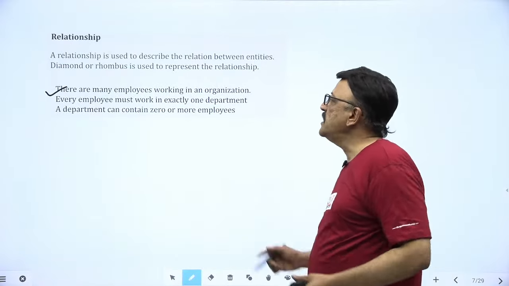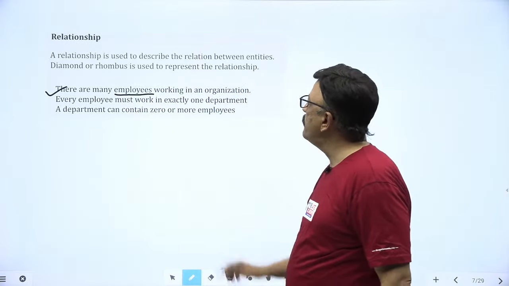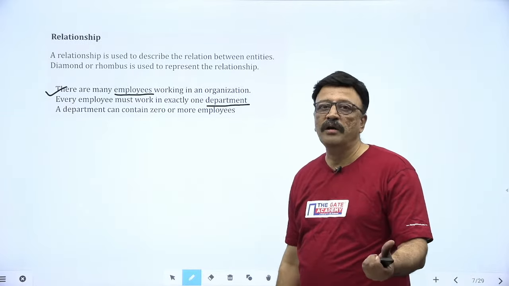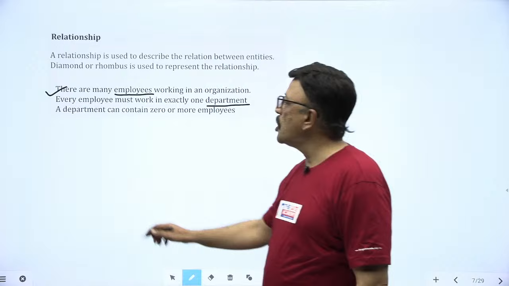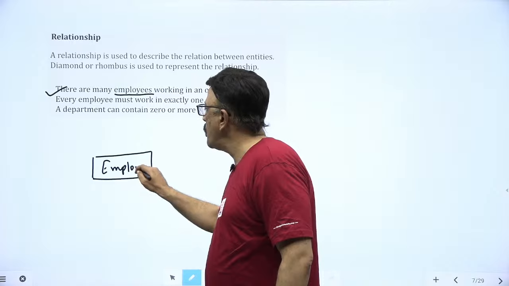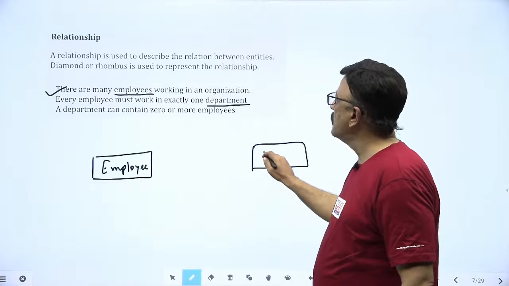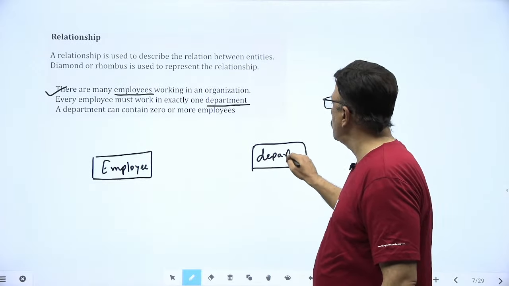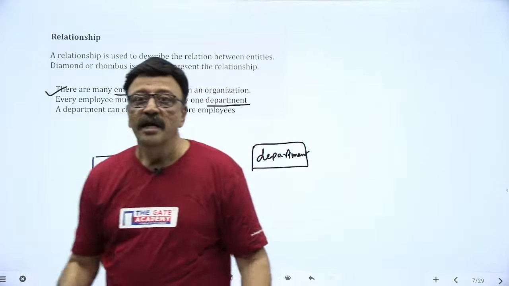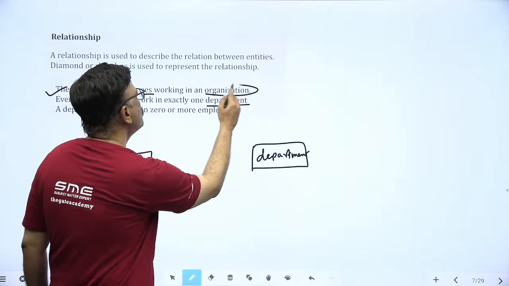Now look, in this sentence, employee and department are nouns. Employee is a person and department is a place. So ultimately, what we do in our ER model is we make employee an entity, a rectangle, and we make department another entity, a rectangle. So there are two entities in this. Now somebody over there might say, sir, organization also seems to be a place.